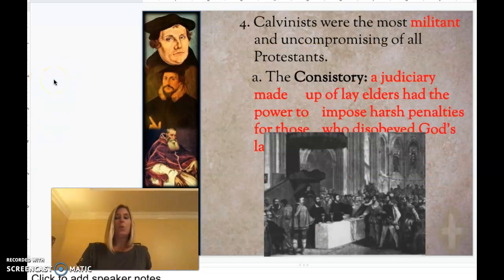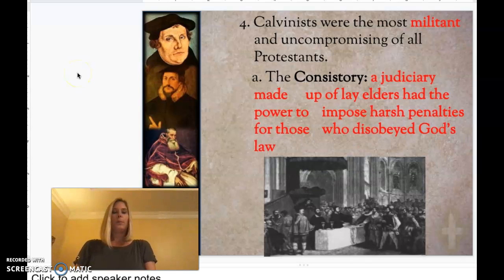It says Calvinists were the most militant and uncompromising of all Protestants. Now, to give you some specifics to back up that statement, there was a group known as the Consistory. So this is a judiciary made up of lay elders. Lay elders are simply those who have not taken vows to God.